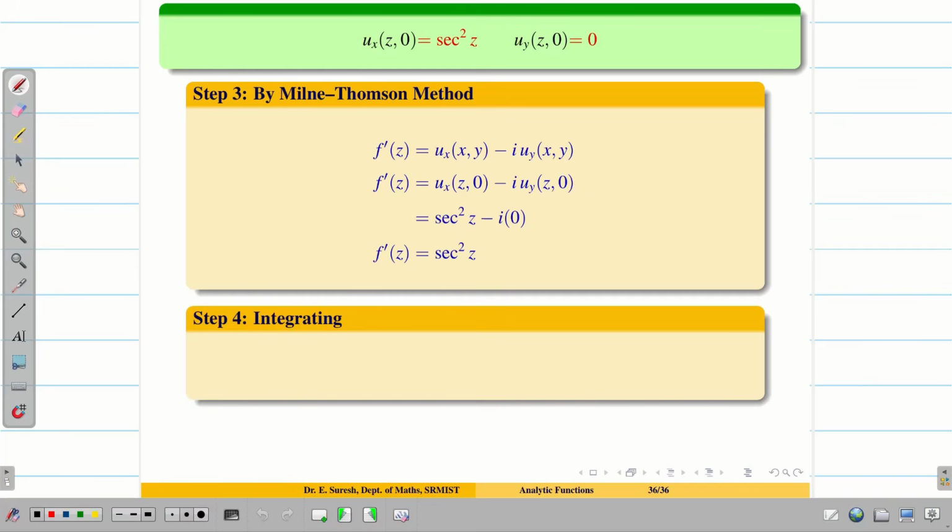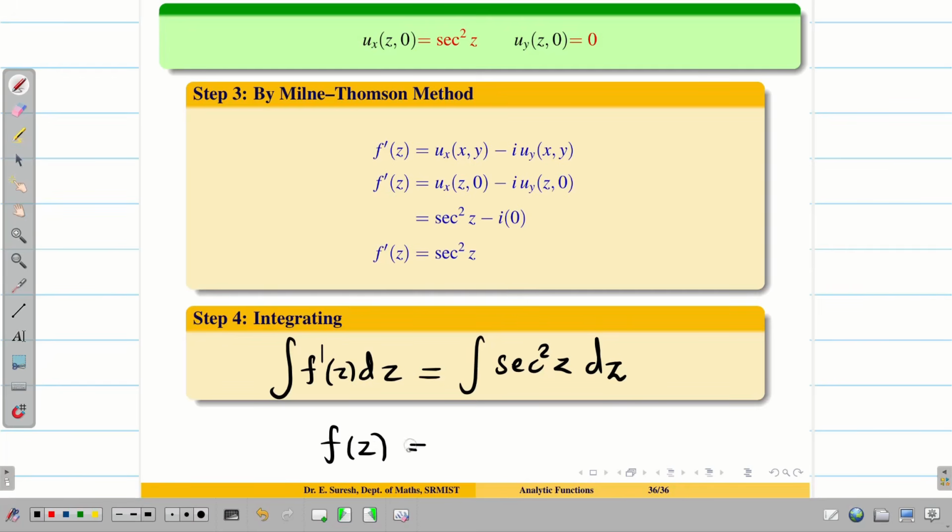Now we have to integrate this. We know that the integral of f dash of z dz is equal to the integral of secant square z dz. Integration of f dash of z is f of z. Tan x differentiation is secant square x. Secant square z integration is tan z plus c. This is my required analytic function.